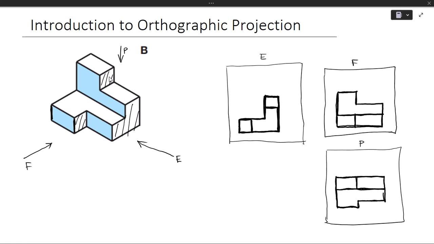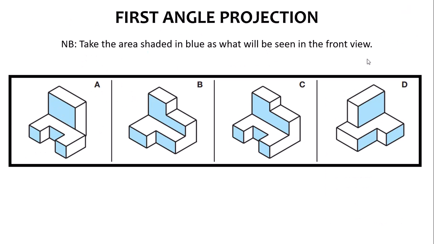Now, in the remaining few minutes, like 2 or 3, let's see how we could draw in third angle projection. We drew the object in A and B using first angle projection. Now we're going to be drawing some other objects in third angle projection.